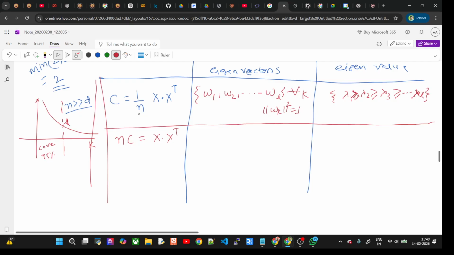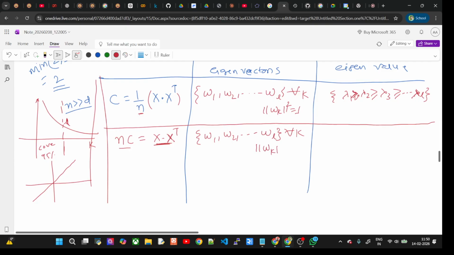Here I am doing x into x transpose divided by n, but I don't want this n here, so I put n on the other side. So now this is a different matrix, x into x transpose, and this is nC. What are the eigenvectors for this? The eigenvectors are every time the same. They may go up or down in magnitude, but the directions are always the same.